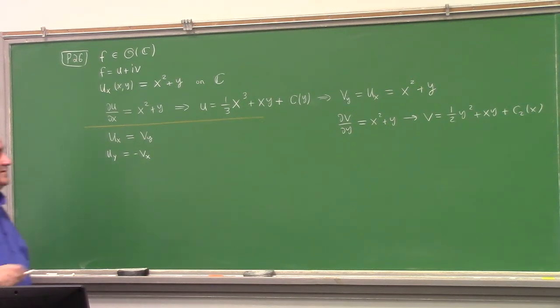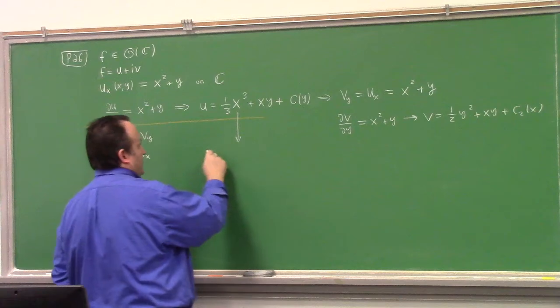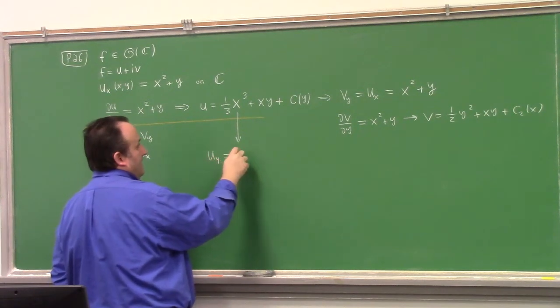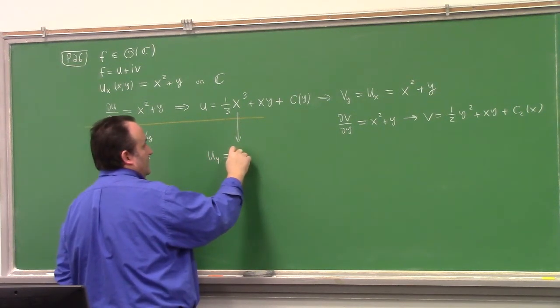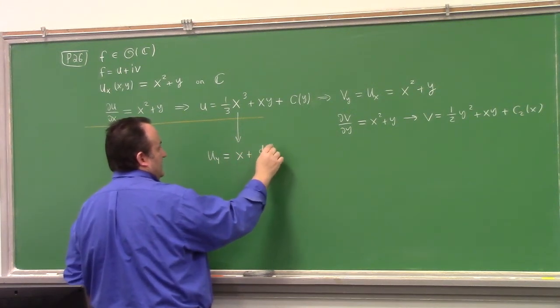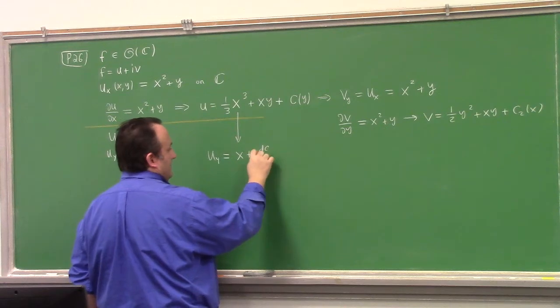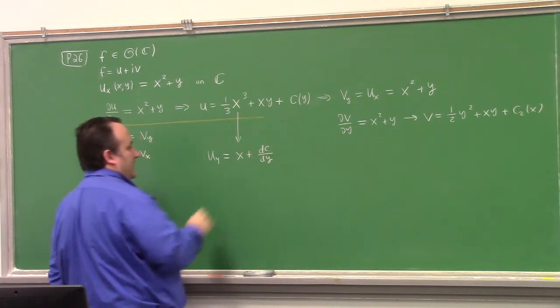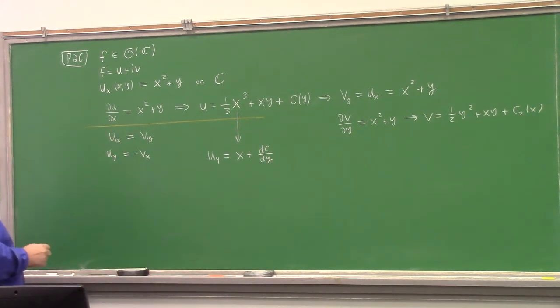You're saying find uy then? Yeah. Okay, sure. uy is what? I got x plus dc/dy. All right, and that's equal to minus vx.